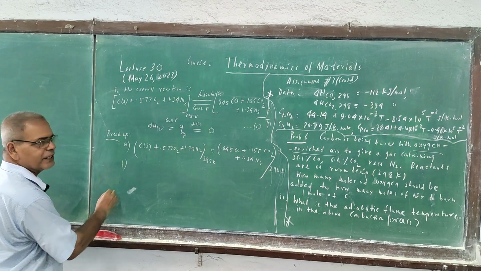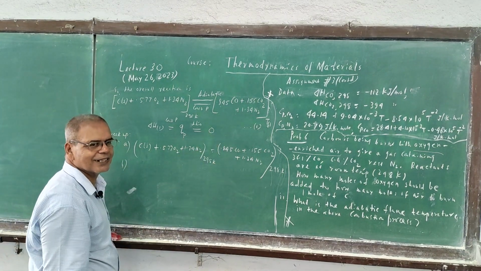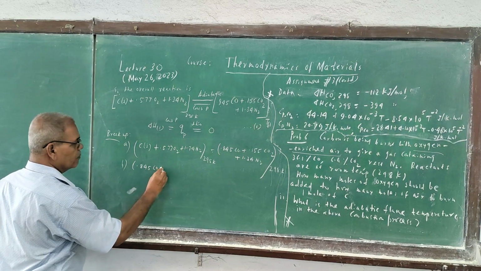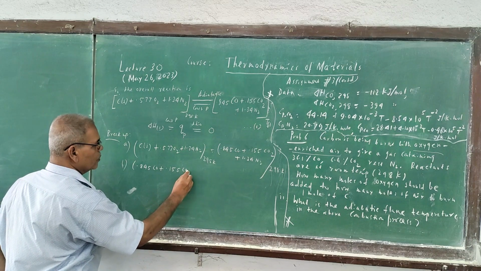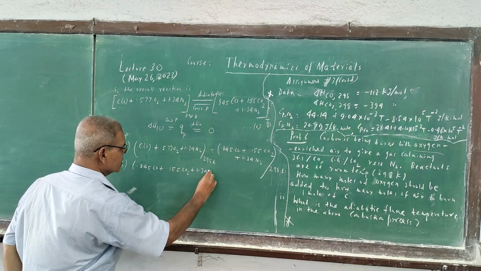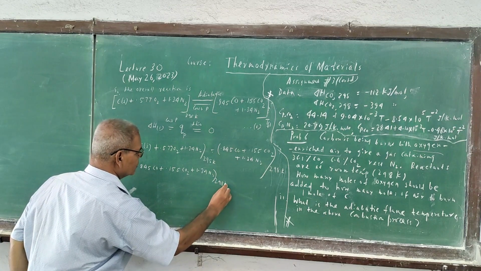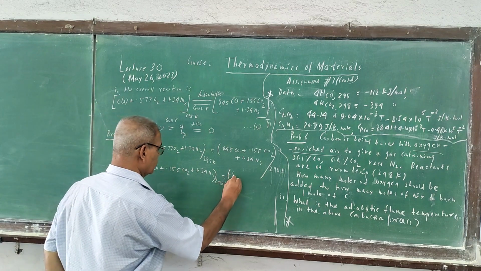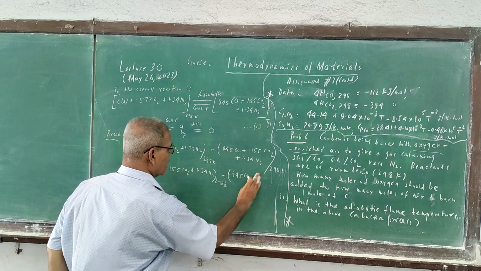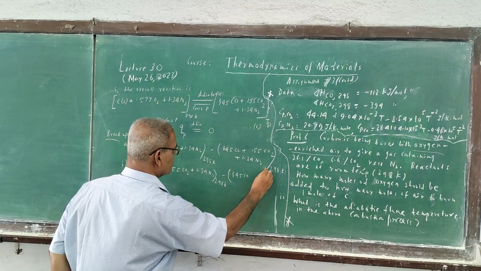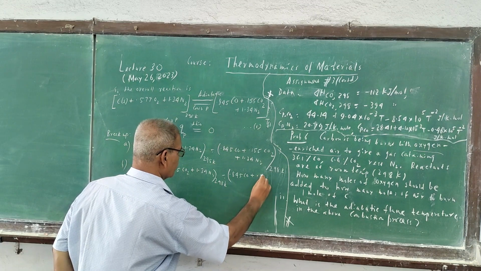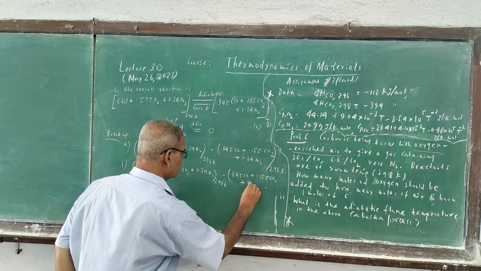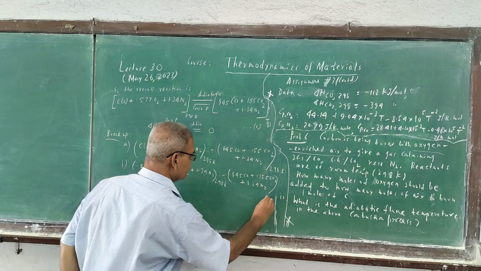The second step would be, obviously, you take this up to the final temperature. That's the second step. So write 0.845 CO plus 0.155 CO2 plus 1.34 nitrogen goes from 298 K to T flame.